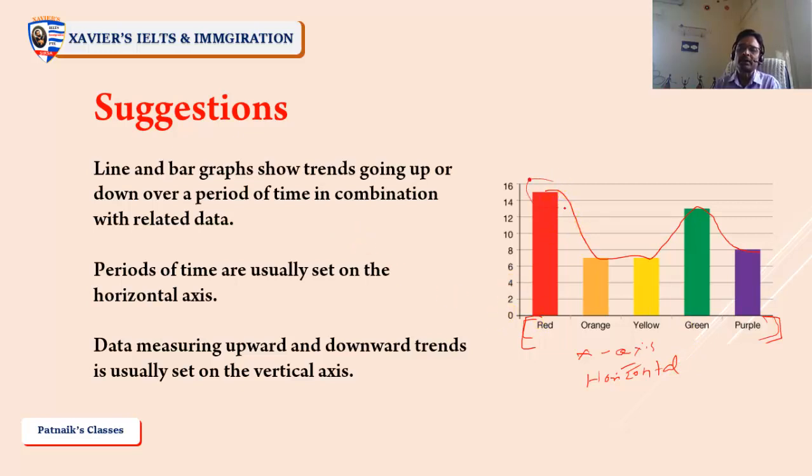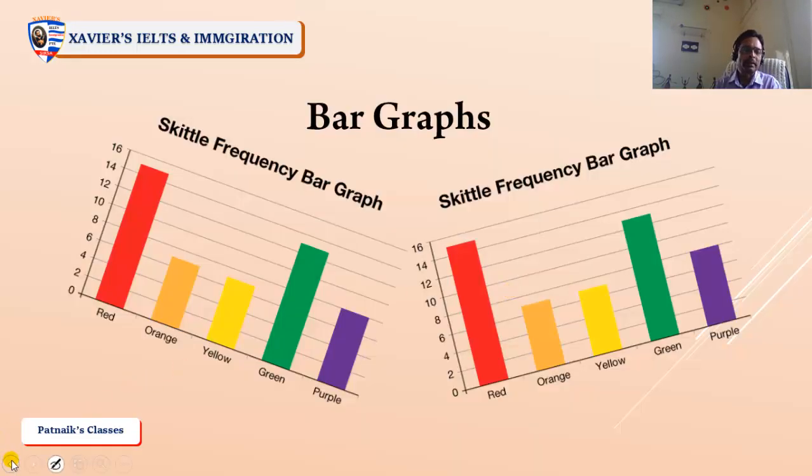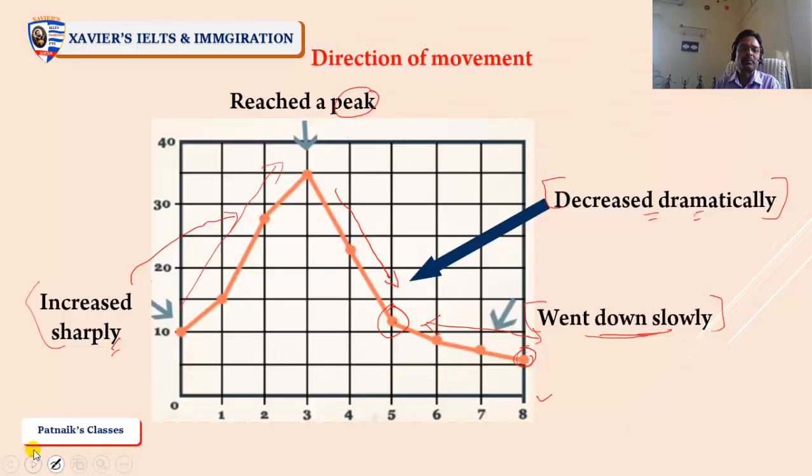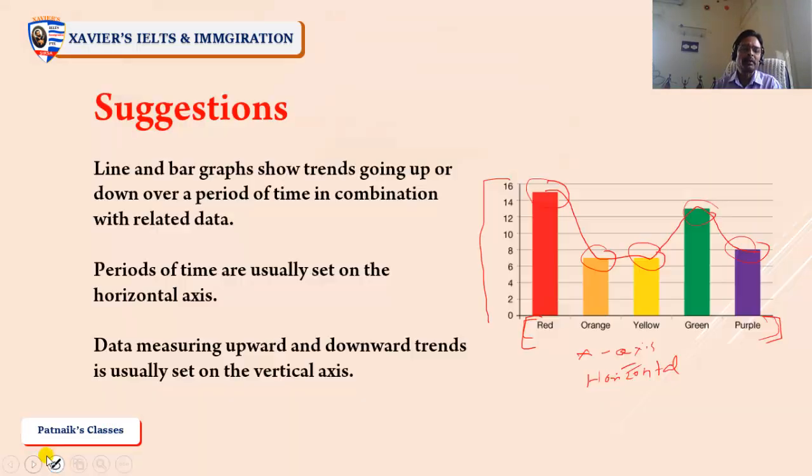See, how it reached this point, this point, this point. These points are represented in the form of numbers or figures, right? Some unit is representing these things, right? So these units are placed on the left side of the graph, right? This axis is called the y-axis, or we call it the vertical axis.